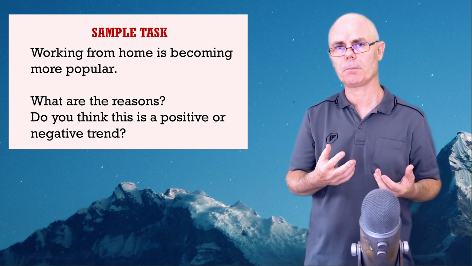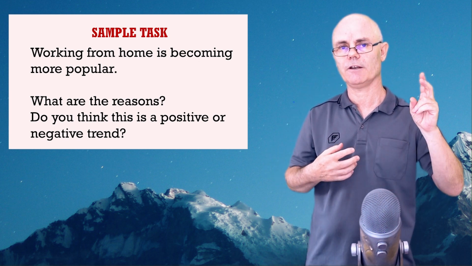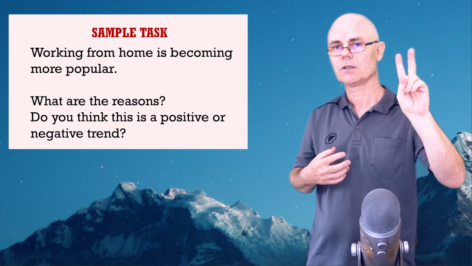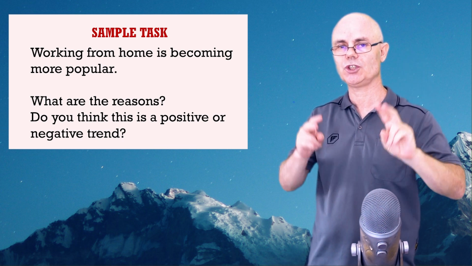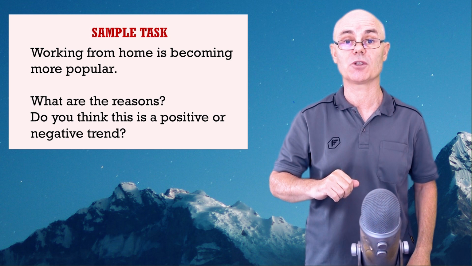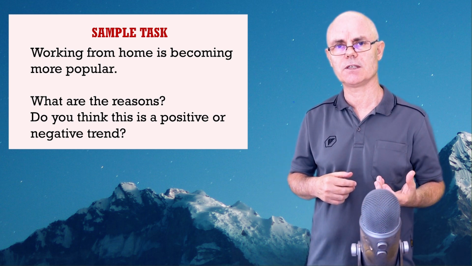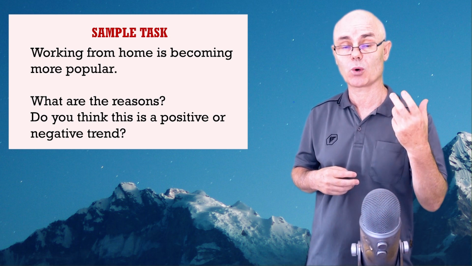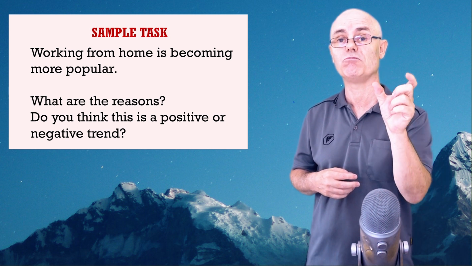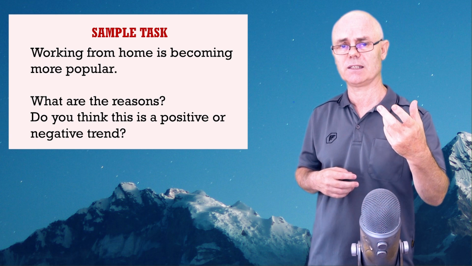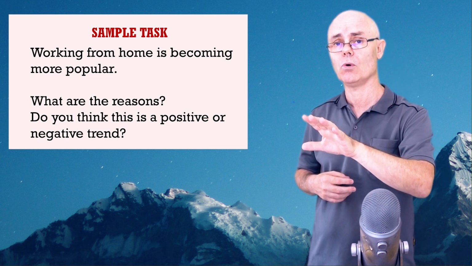Now, when we make our plan, ideally we have 2 main ideas for the first question and 2 main ideas for the second question. One of the reasons for this is that the question word for question 1 is in plural, reasons. This indicates there should be 2 or more reasons.